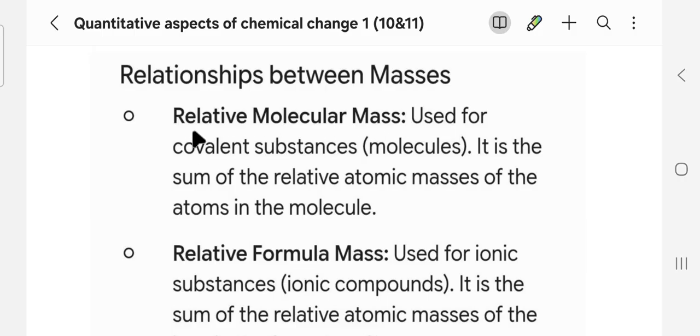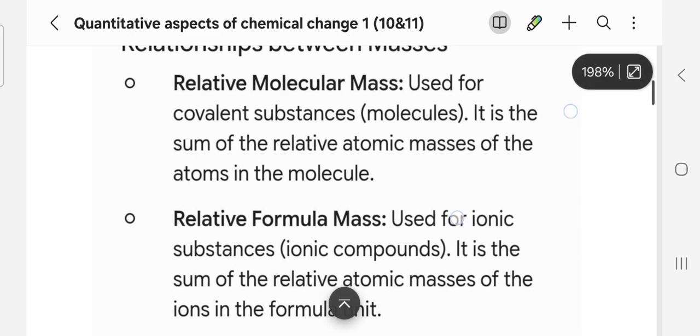Firstly, we already know that when we see relative molecular mass, we are talking of masses which are used in terms of covalent substances. And the definition is that this is the sum of the relative atomic masses of the atoms in the molecule. Okay, and the molecules will be found in terms of what? Covalent substances. So that's what a relative molecular mass is.